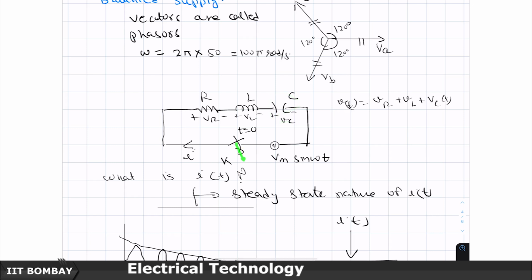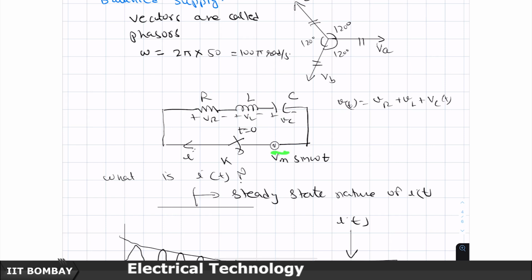So, if I just close the switch without applying this Vm sin omega t, then the voltage which is across the switch will drive a current which will keep oscillating, and as a consequence of it, this stored voltage in the capacitor will be partly transferred to the inductor and partly dissipated, with some kind of exchange between the two energy storage elements, and the resistor is a dissipative element.